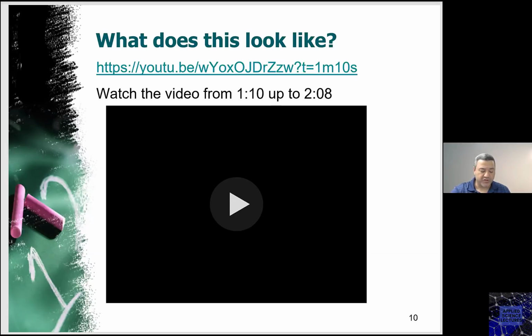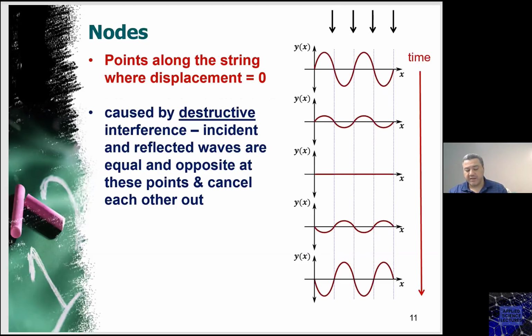So after you watch this video, you should be able now to understand that this standing wave, as you'll see it, vibrating in its place, will have distinguished points such that at those points the displacement is always zero, and that's why we call those ones nodes.